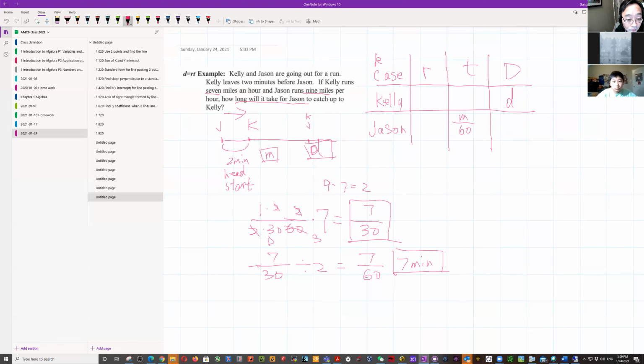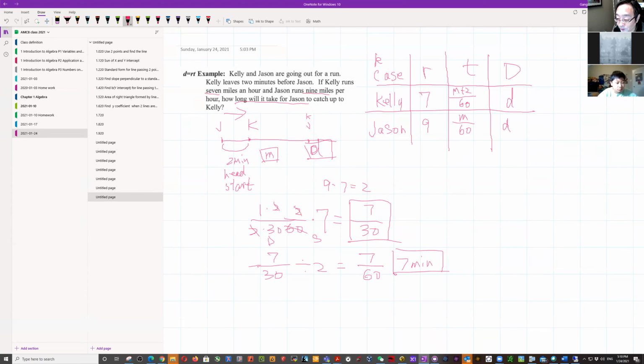The rate of Jason is 9 miles per hour. So that's 9, and the distance is going to be D. The rate of Kelly is 7, which was given information, and the time Kelly spent is 2 minutes more than Jason. So it's M plus 2 over 60 to account for the 2-minute head start.